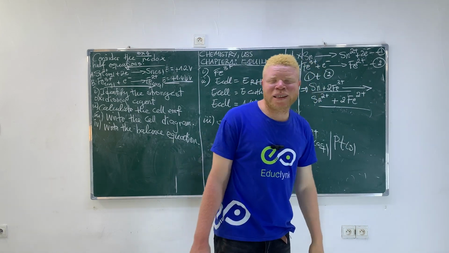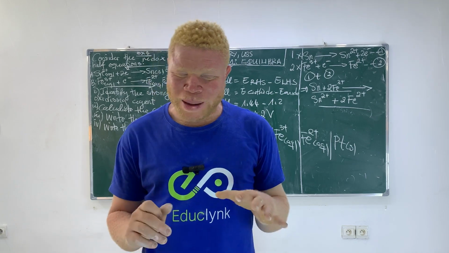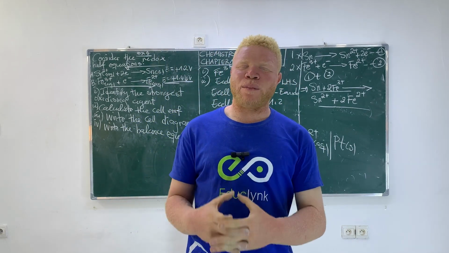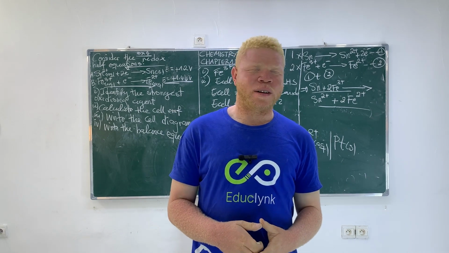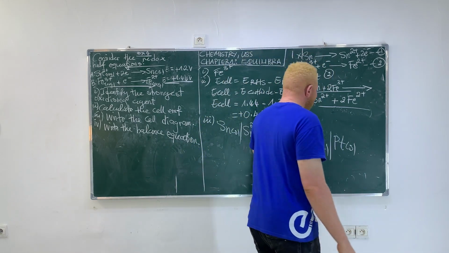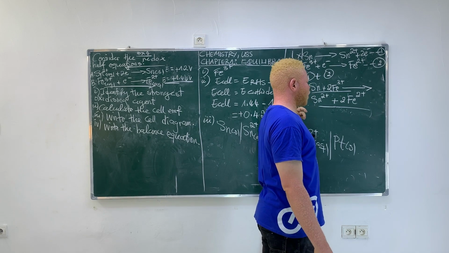Then, after balancing the electrons, you will not just go and rest here and say you've balanced the equation. No. After balancing the electrons, you are going to check and see if the equation is actually balanced. This is very important. So after balancing, you check your equation. You check it on the left and you check it on the right. Sn here is 1. There is also 1 Sn. It's okay.